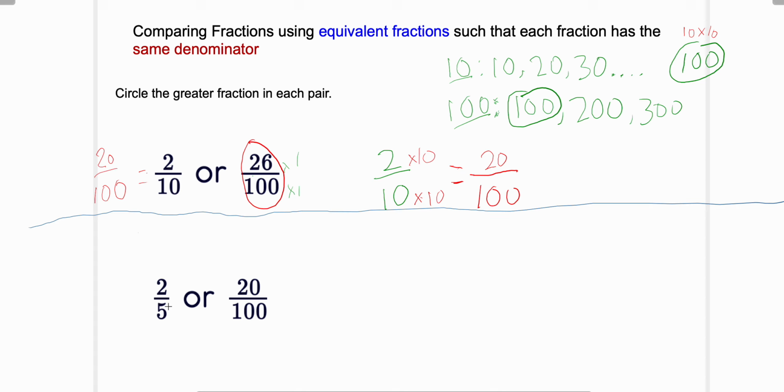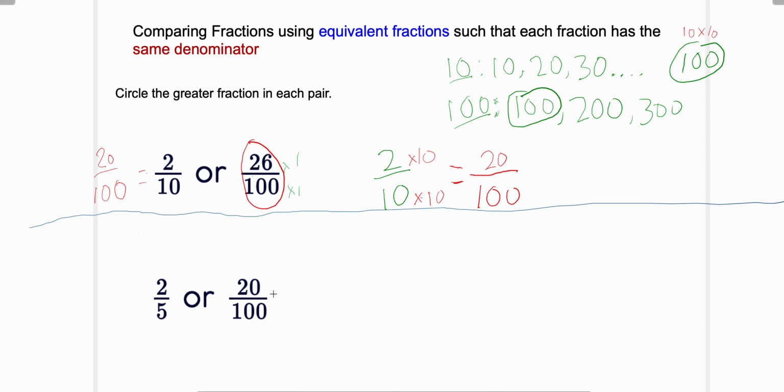It's difficult to compare fractions that have different denominators. And in this case, it's difficult to use benchmarks to compare them because both of these fractions turn out to be less than half. So they're very close fractions. So it's hard to compare them. We must create equivalent fractions with the same denominator.